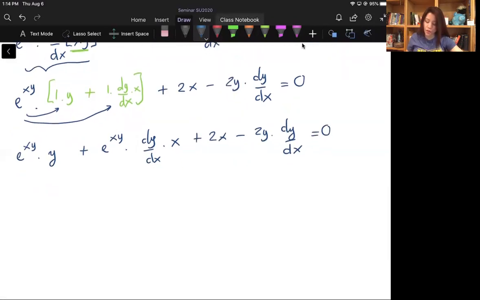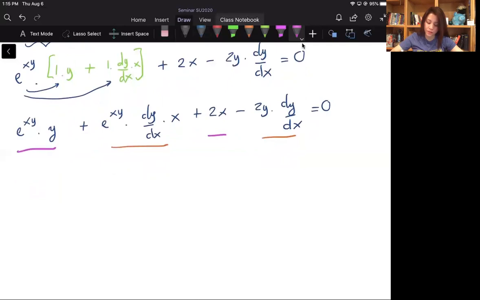Now again, I want to isolate dy/dx. So I'm going to group the terms that have dy/dx in them, these two, and move the terms that don't have dy/dx to the right-hand side first. I'm going to subtract 2x from both sides so that I have negative 2x, and then subtract e to the xy times y, so that I have negative e to the xy times y on the right-hand side.